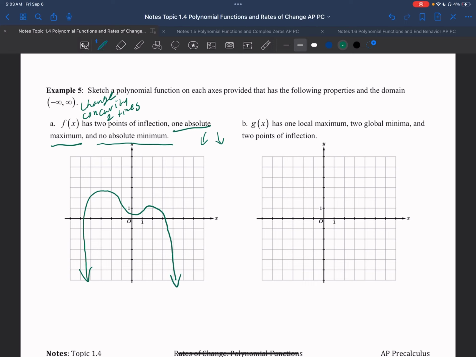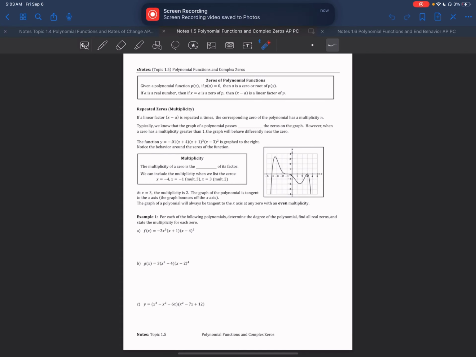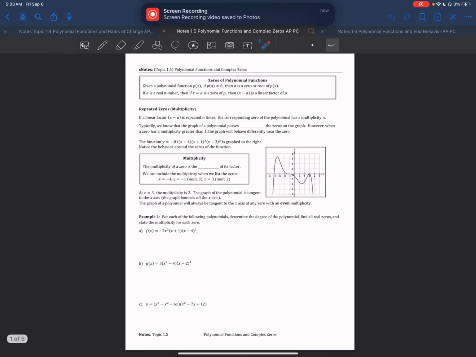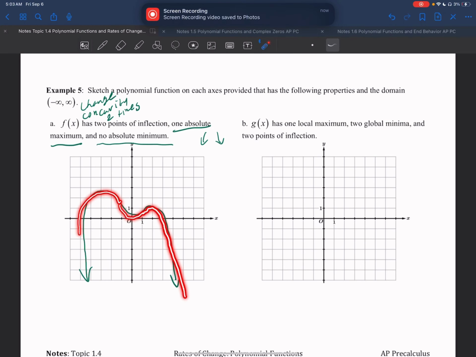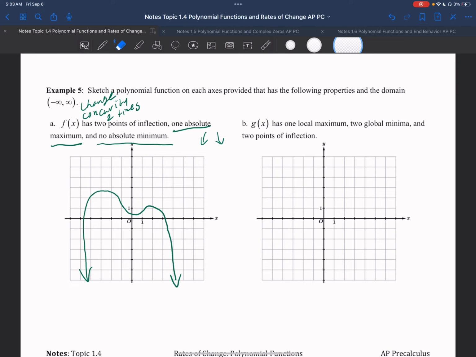So I can see my two changes in concavity, because this is concave down, then it changes to concave up, and then it changes to concave down again. You can see the changes. I do have an absolute maximum right here, and then I don't have an absolute minimum because of the arrows. So that is one possible sketch for the graph.